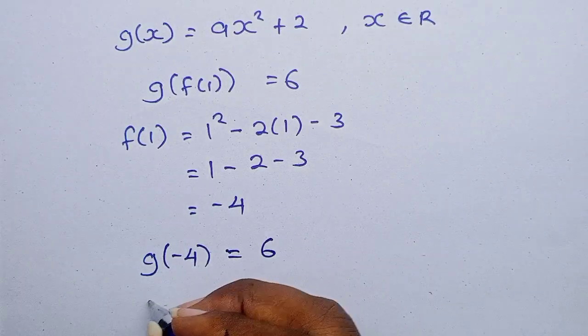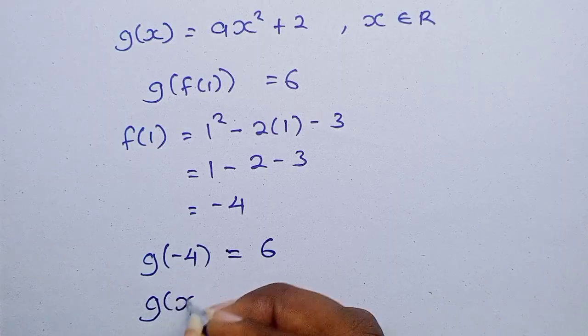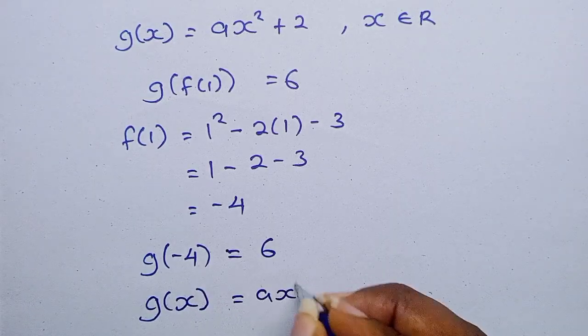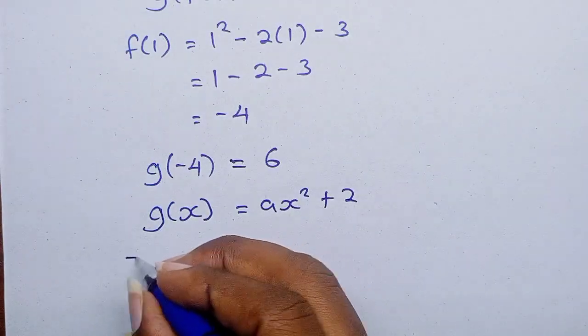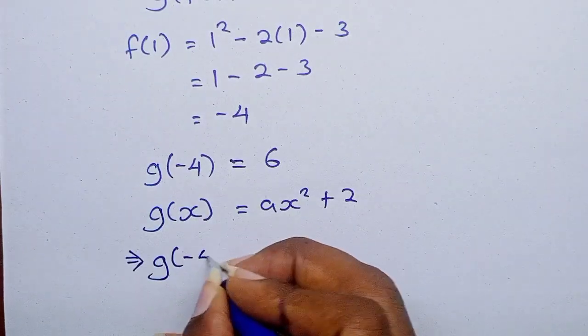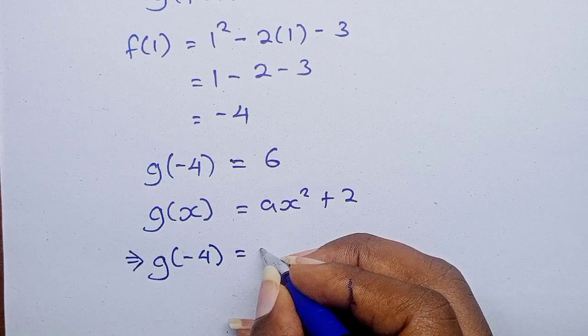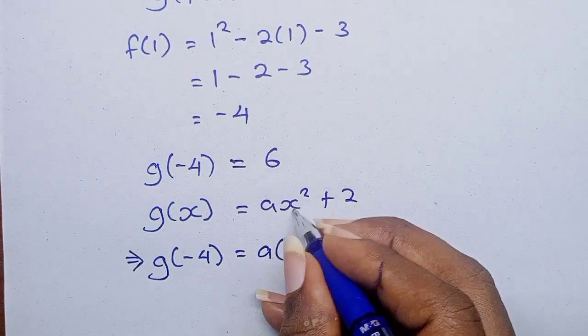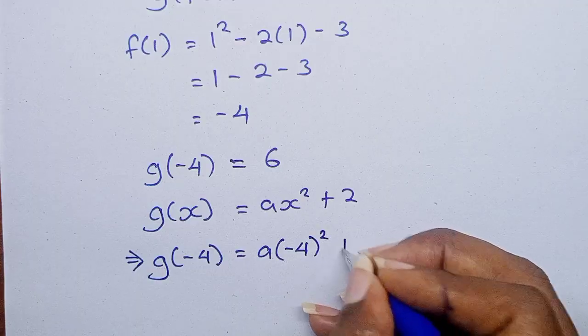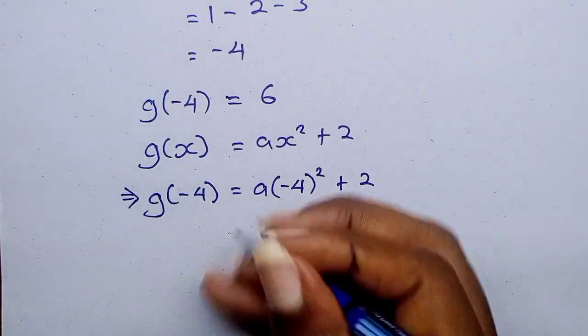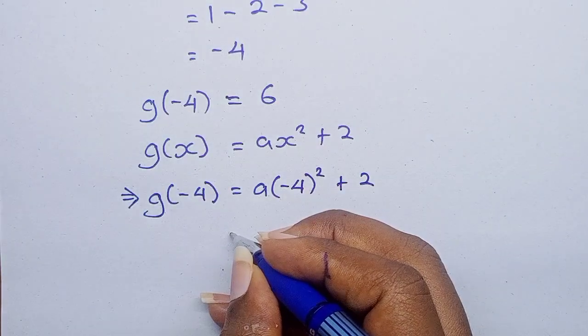Okay, now since g of x is equal to ax squared plus 2, this implies that g of negative 4 will be equal to a into, this x is negative 4 squared, plus 2.